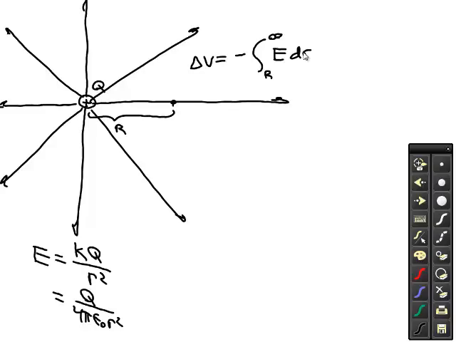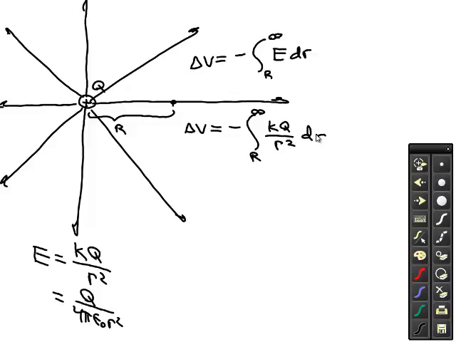This is not a really tough integral. Delta V is equal to negative integral from R to infinity of KQ over R squared dr. We're going to stick big R in, we're going to stick infinity in there, and all will be good. Before you take an integral, let's pull the constants out.